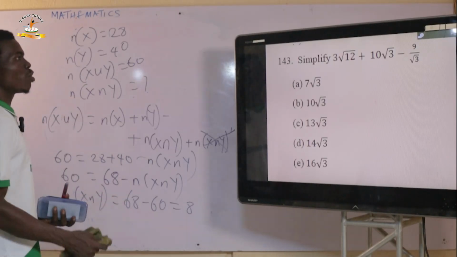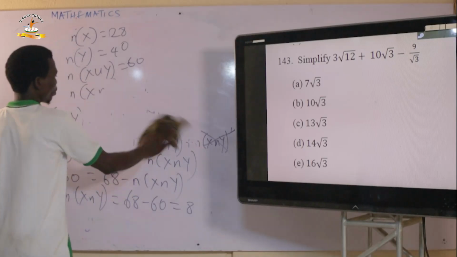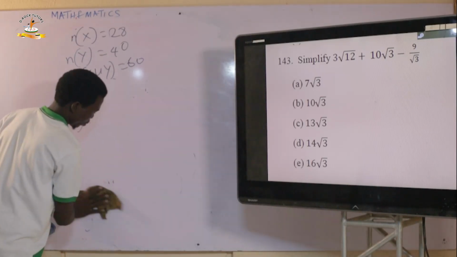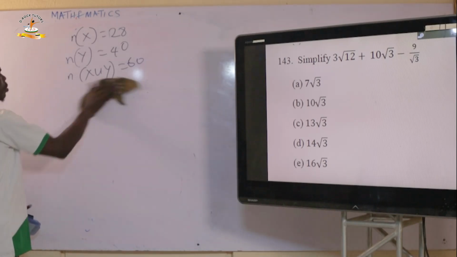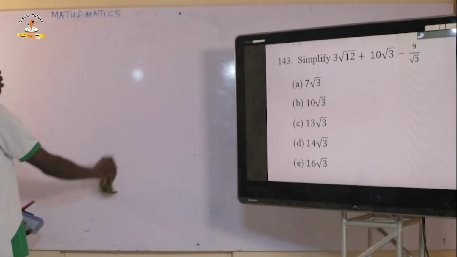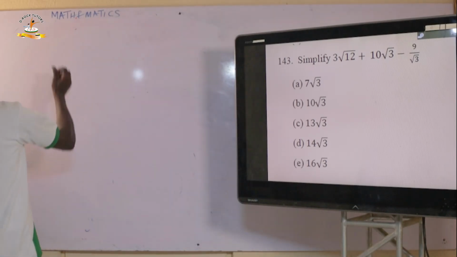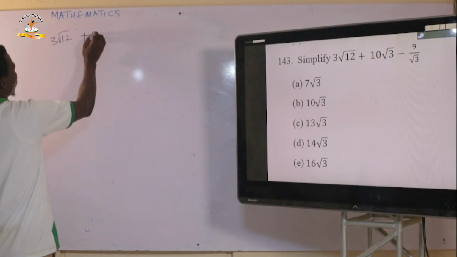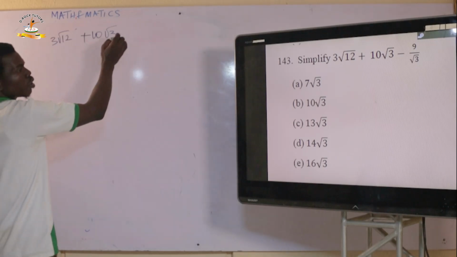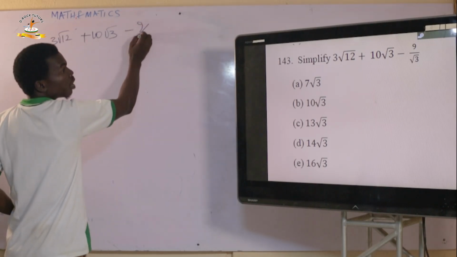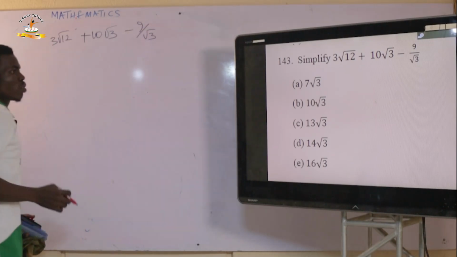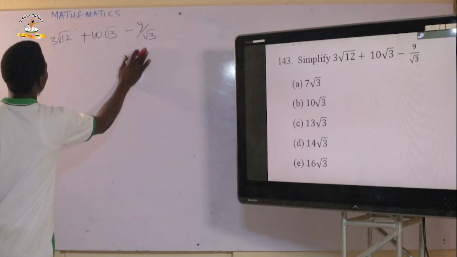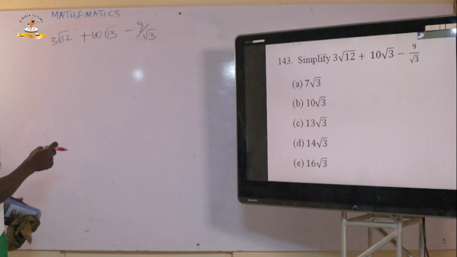Alright, simplify 3 root 12 plus 10 root 3 minus 9 over root 3. So what we do here, we simply make everything look the same, like root 3.